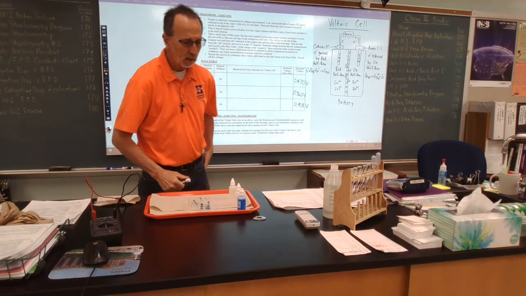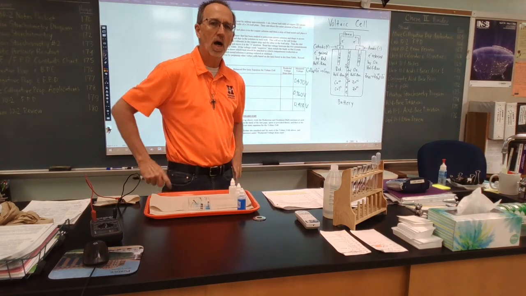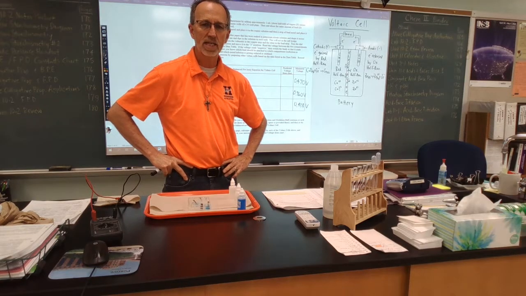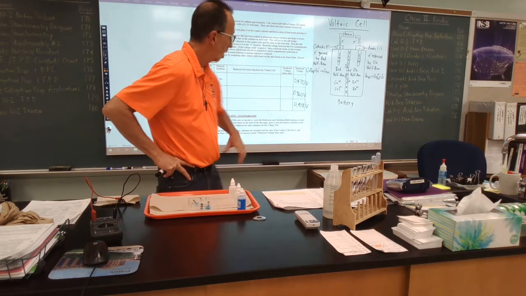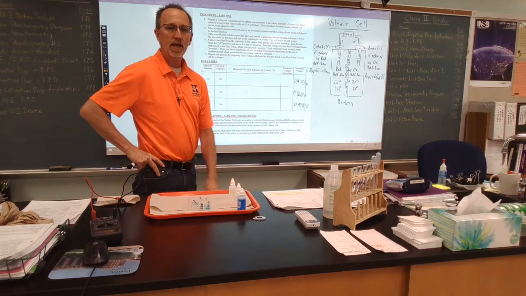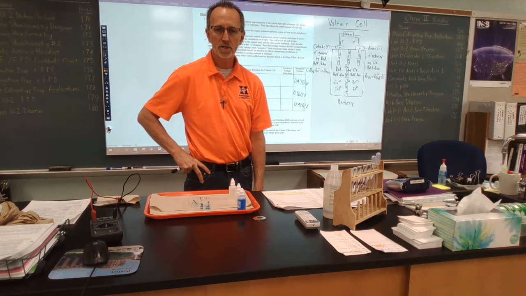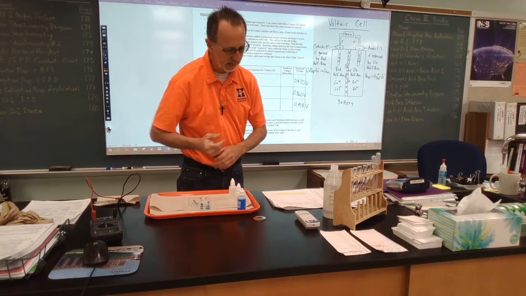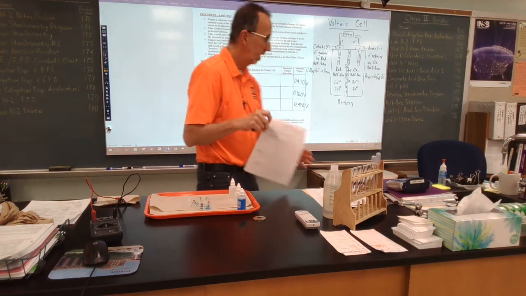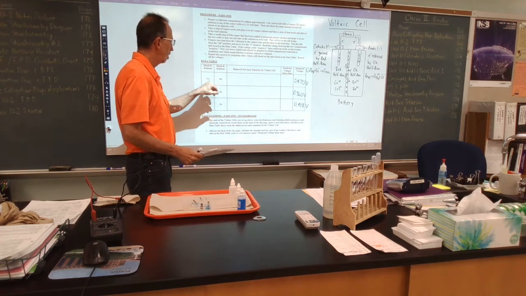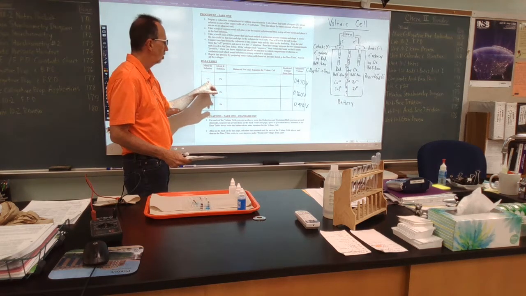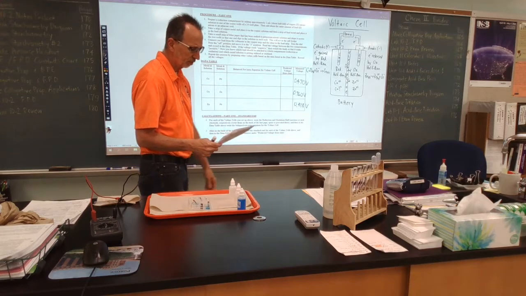Okay. So I'm going to focus now, as far as the data table and the calculations, on reaction 1, and then those procedures you would follow in the same way to do reactions 2 and 3. I'll have you do that on your own. But anyway, as I look at reaction 1, this was copper plus 2, and this was lead plus 2.